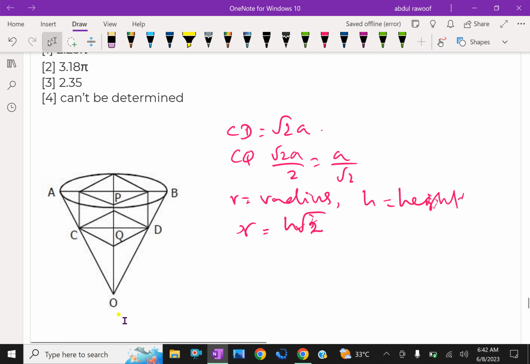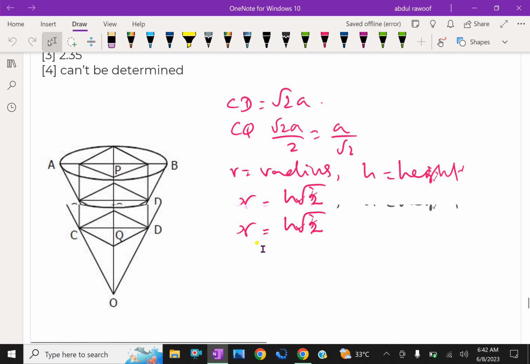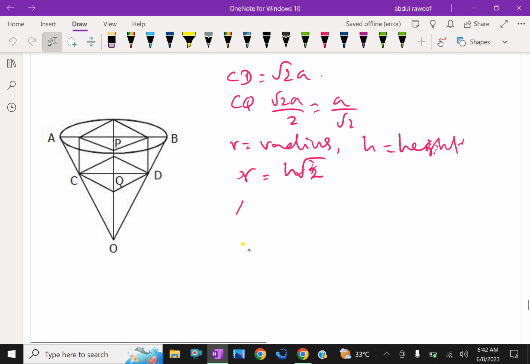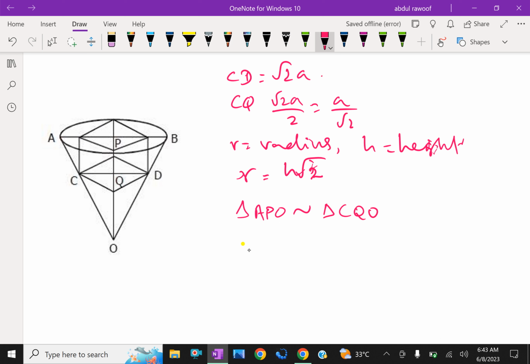Therefore, we can write triangle APO similar to triangle CQO.